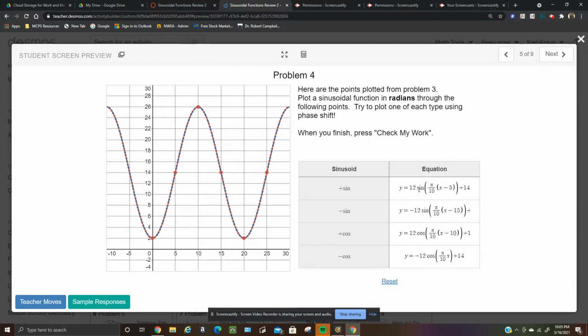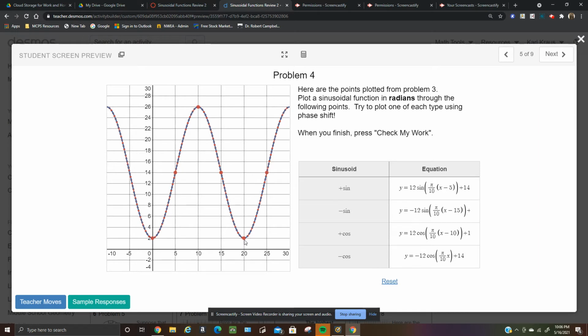So the positive sine: 12 sine, pi over 10, x minus 5, plus 14. Negative sine: negative 12 sine, pi over 10, x minus 15, plus 14. The cosine: 12 cosine, pi over 10, x minus 10, plus 14. And the negative cosine: y equal negative 12 cosine, pi over 10 x plus 14. That was from the previous slide, with no phase shift.